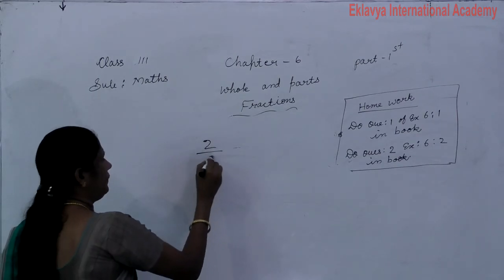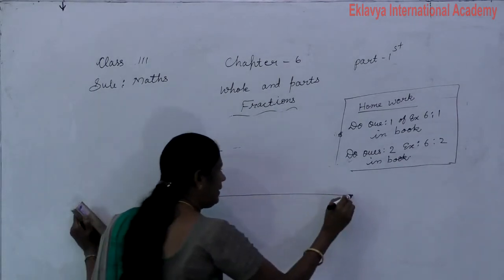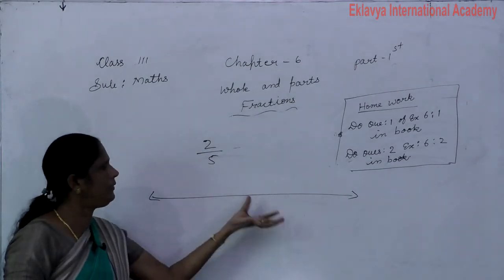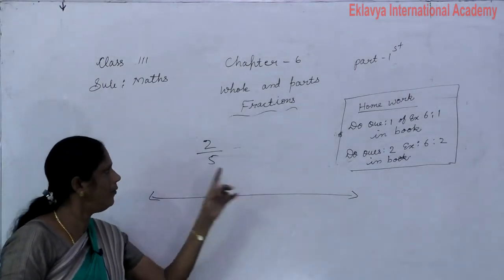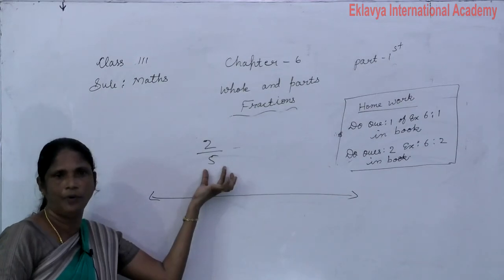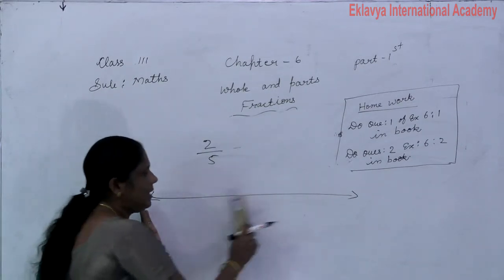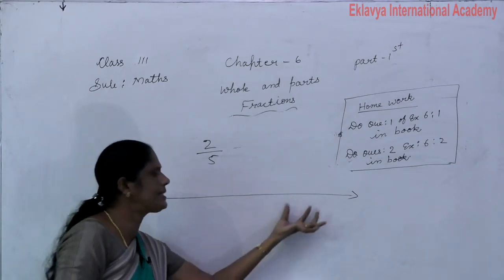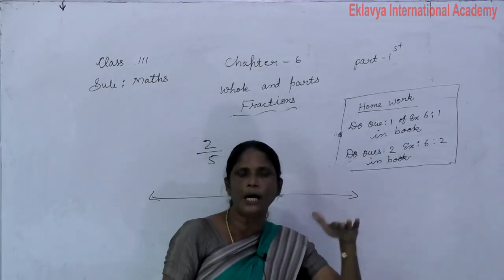One more question. 2/5. This is a number line. How many line segments did we divide this number line into? 5. Our denominator is 5.